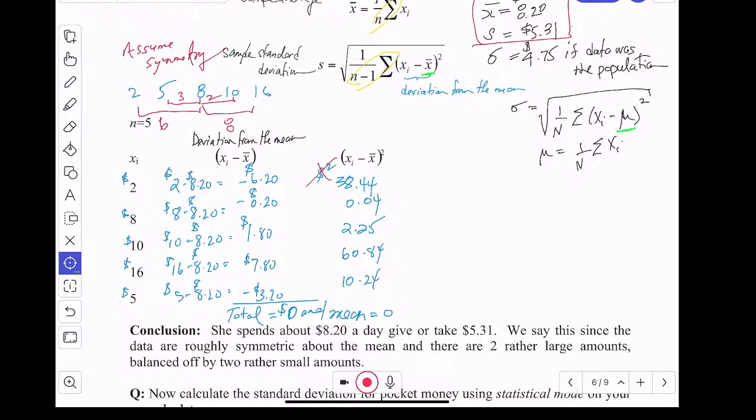It's still symmetric. And when we average them now, we have to use the fact that we lose 1 degree of freedom as a consequence of substituting x bar for mu that we don't have, because we don't have all the data. So we average, I put quotations around average now because we have made an adjustment in degrees of freedom.